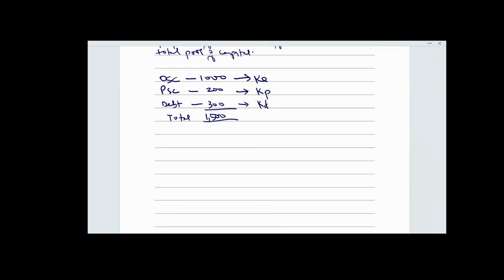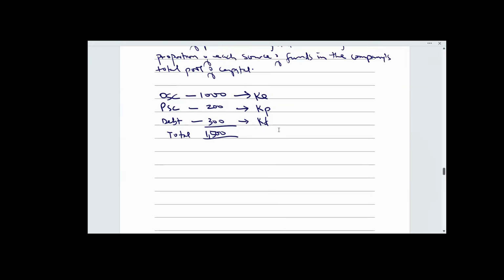When you talk about weighted average cost of capital, the cost of equity is KE, the cost of preference share is KP, and the cost of debt is KD. So WACC is the average cost of a company's finance weighted according to the proportion of each source of finance in a company's total pool of capital.